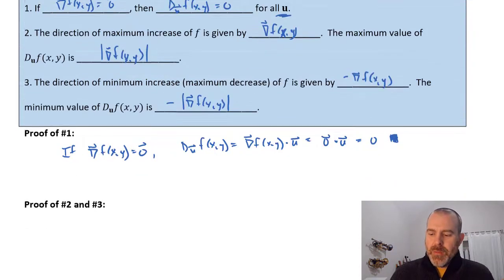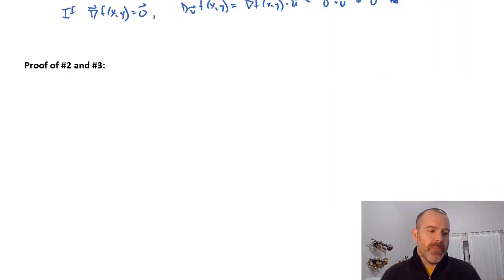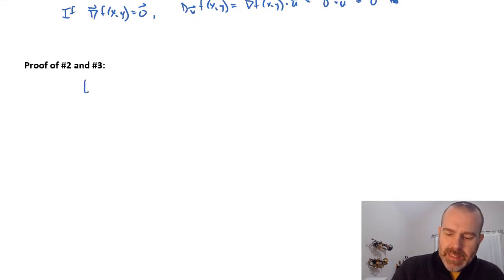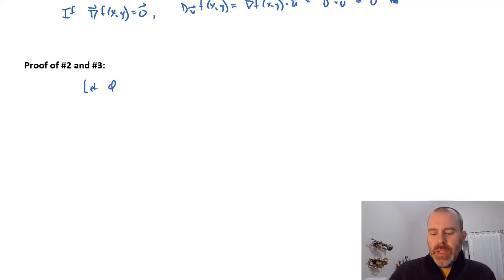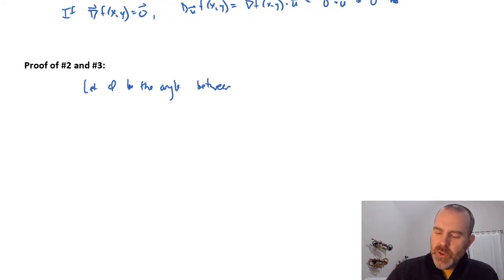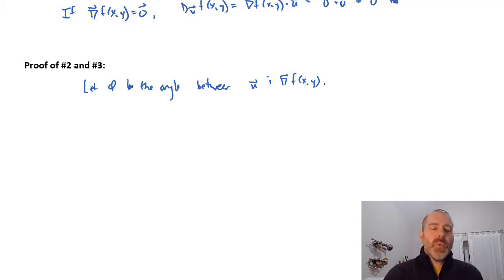Proof of number 2 and number 3, a little more to this one. Let's let phi be the angle between a directional vector and the gradient. Okay, so phi is the angle between the directional vector and the gradient.